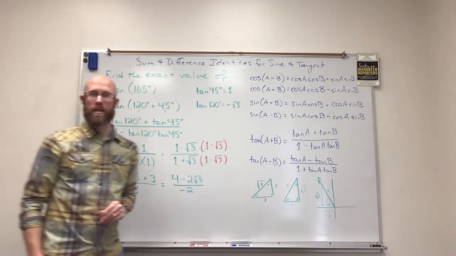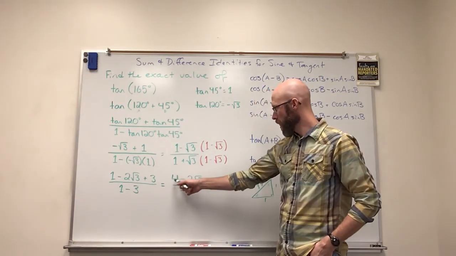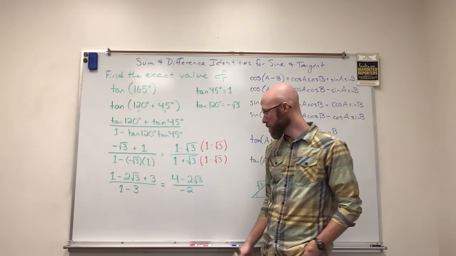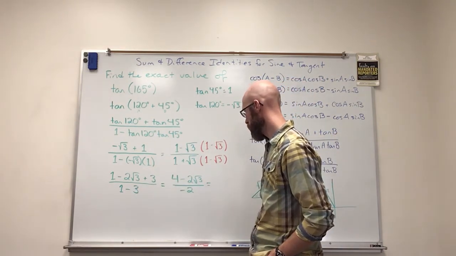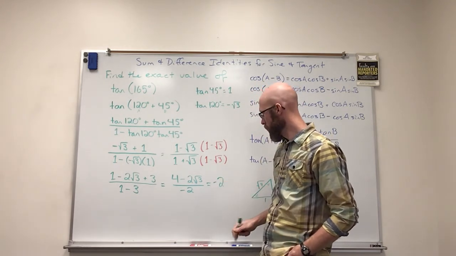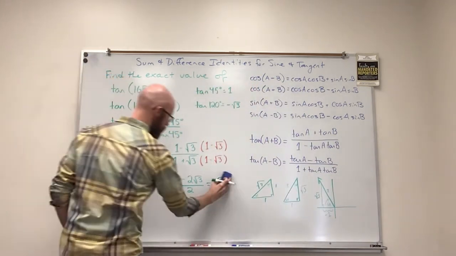Wow, this simplifies even further. This is a really nice one. I could divide this negative 2 into both terms on top. Actually, maybe I'll write that out just so you can see how it splits up.